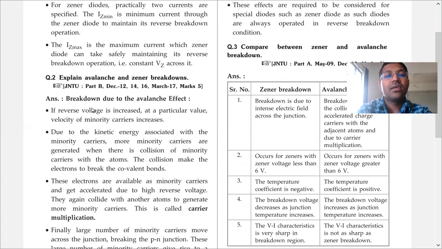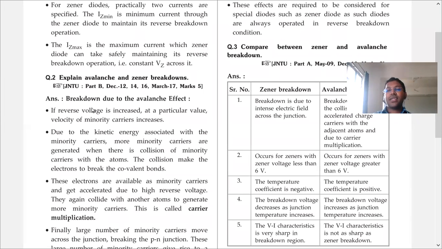When we increase the reverse voltage, the charge carriers will travel with high velocity. More the velocity, more is the kinetic energy. These charge carriers traveling at high velocity will collide with the atoms and release more charge carriers.